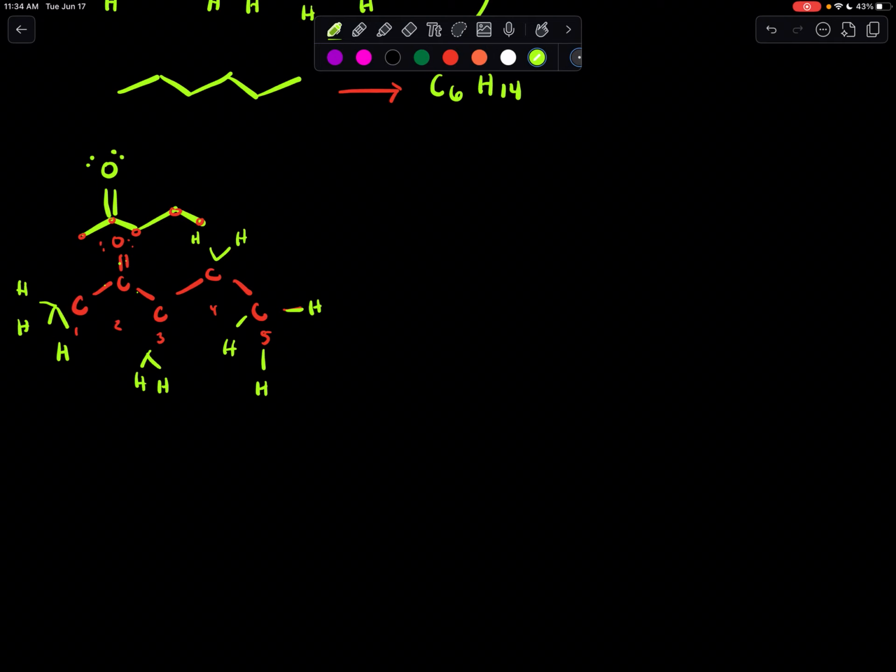So if you were to draw this, and they were to tell you, I want you to draw the implied hydrogens, but I only want you to tell me the implied hydrogens on this carbon, there's nothing for you to draw.